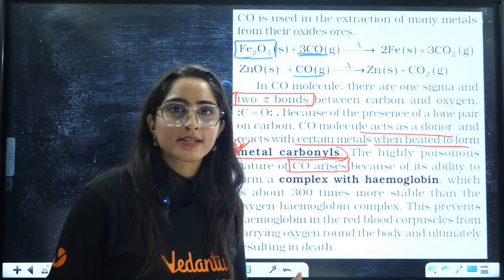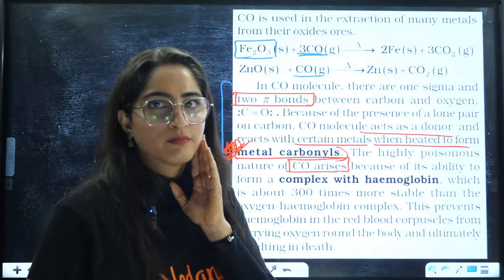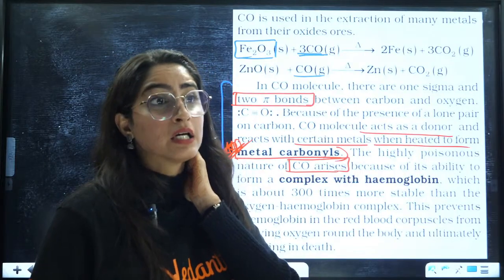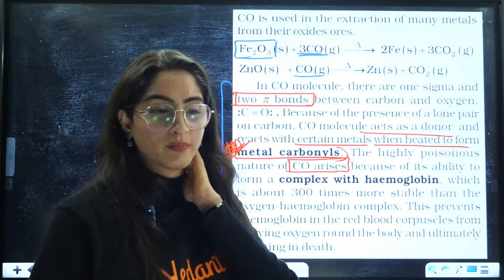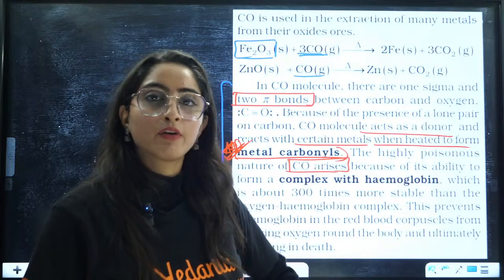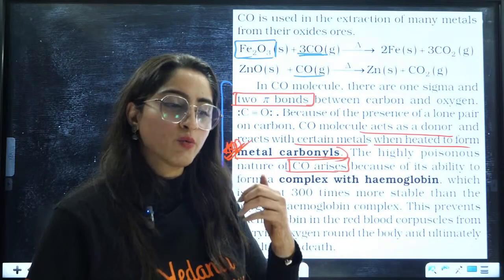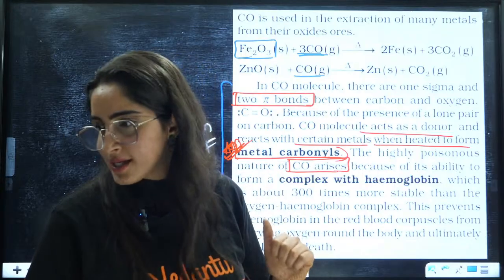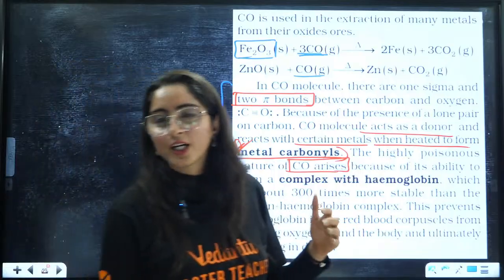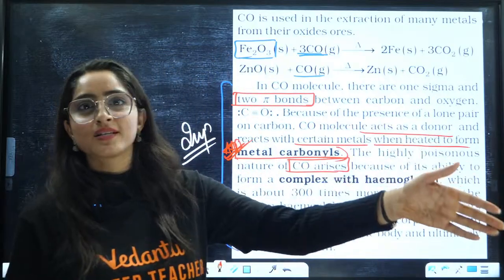Now, sometimes oxygen is a loyal friend. Now, for example, you have a very unloyal, double-faced person, that is carbon monoxide. But we know emotionally what kind of human beings we are. We are more attracted towards toxic people, isn't it? Do you agree with me or not? There will be a good person and a bad person.